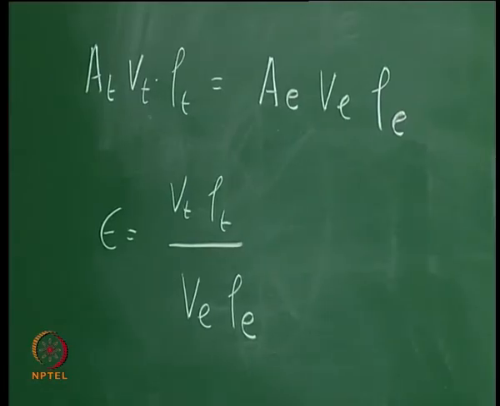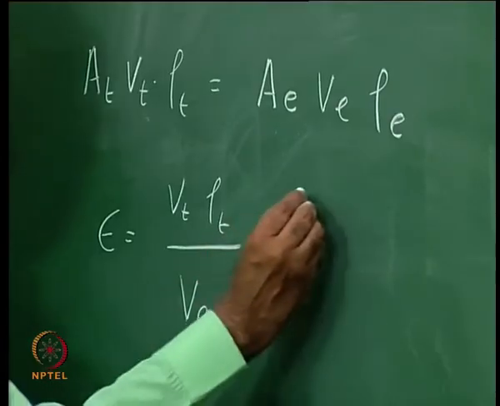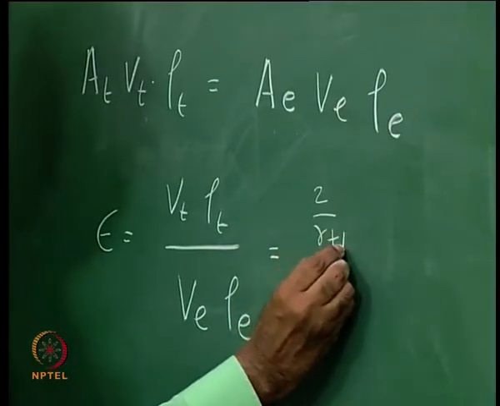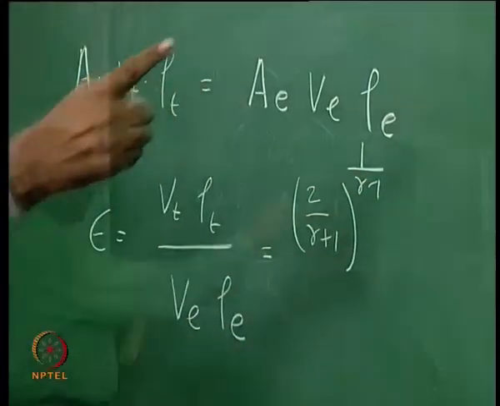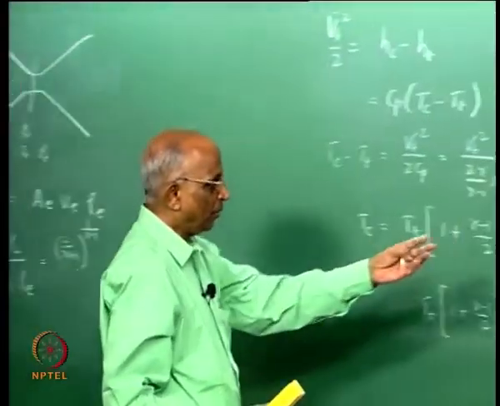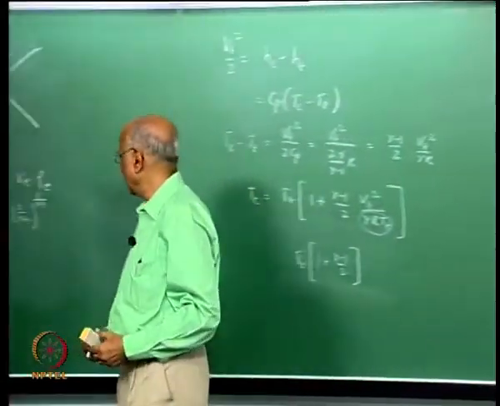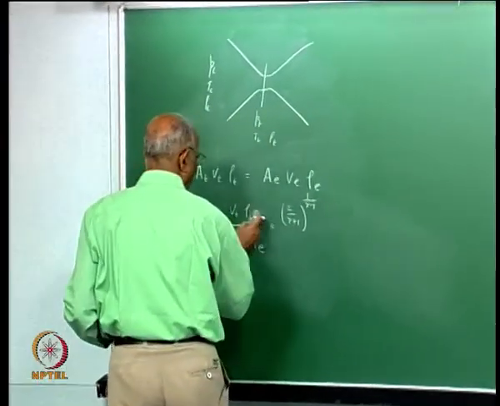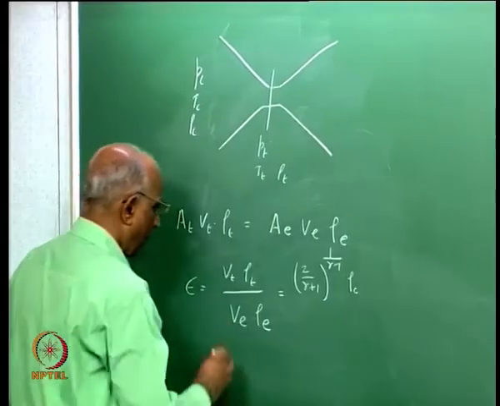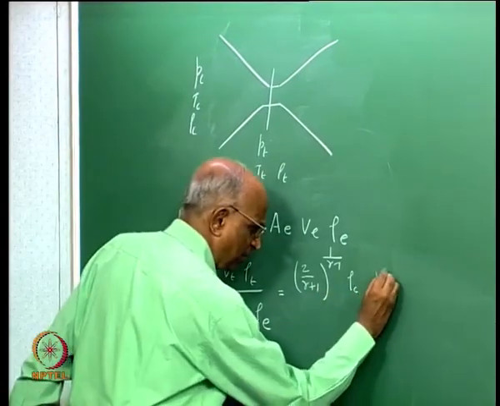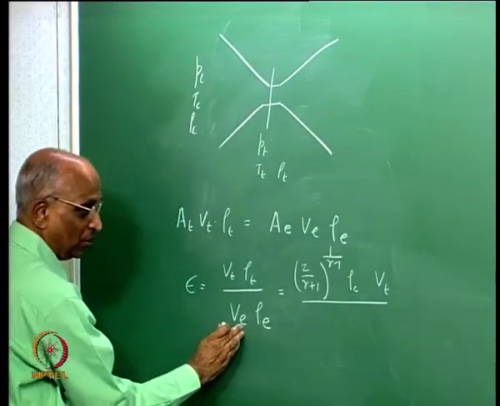I want to substitute the values. I know the value of rho t in terms of rho c, therefore I say this is equal to 2 over gamma plus 1 to the power 1 over gamma minus 1. I take this particular expression, rho t by rho c is equal to 2 over gamma plus 1 to the power 1 over gamma minus 1, and then I now have rho t, which is rho c, into Vt. I still keep it as Vt, and now I know that Ve is equal to Vj.